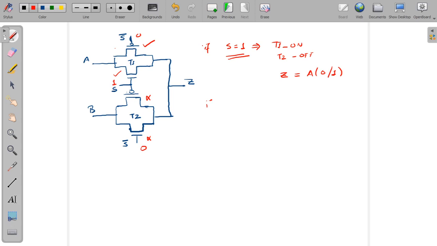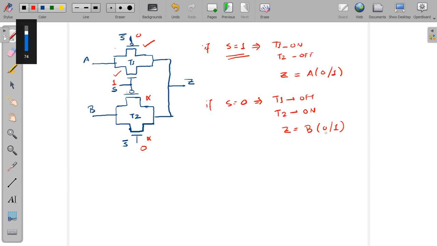Now, if S becomes 0, that will just simply reverse the condition, and T1 will become off. You can verify this, and T2 will now become on, and hence the output Z will simply follow the value of the input terminal B, or Z will become equal to B. And again, I am not bothering about the value of B. B can be 0 or 1, anything.